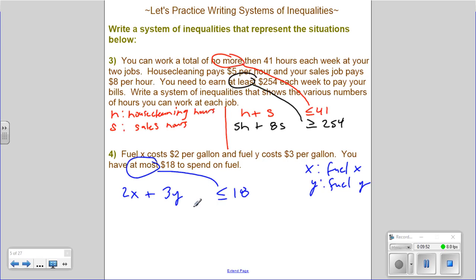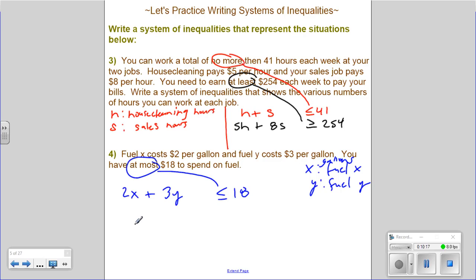Now you might be looking at this like there's not enough information to write another equation. Well, technically there's some hidden information that you know. Since X represents gallons of fuel, we know that the gallons cannot be negative.